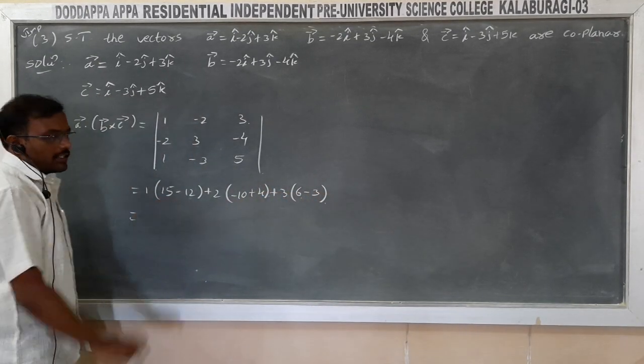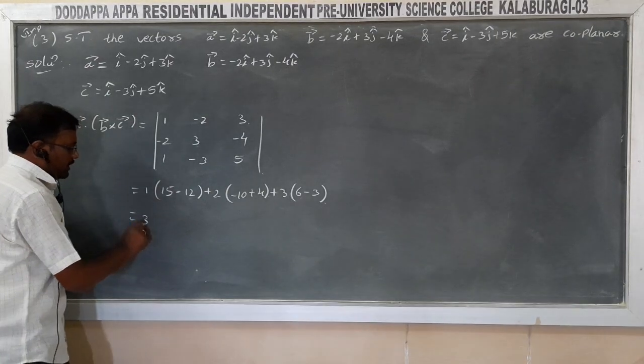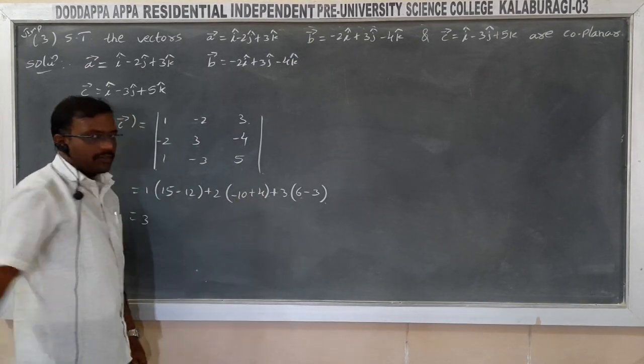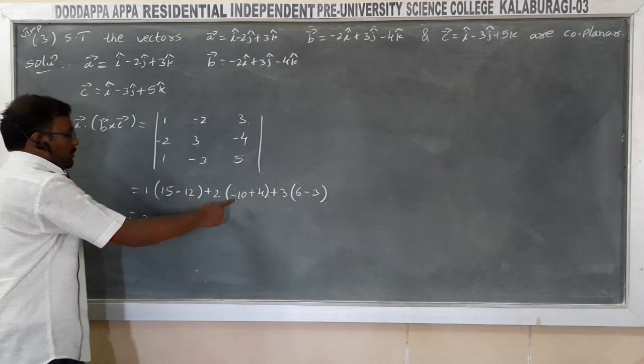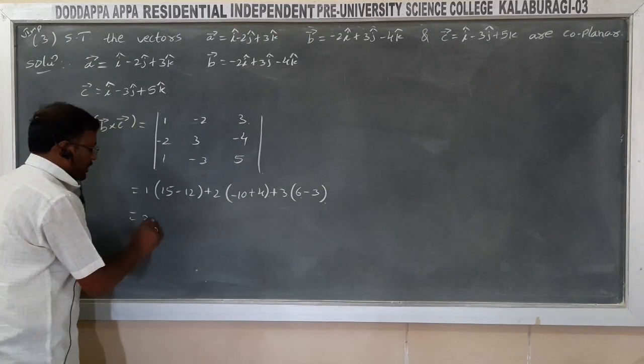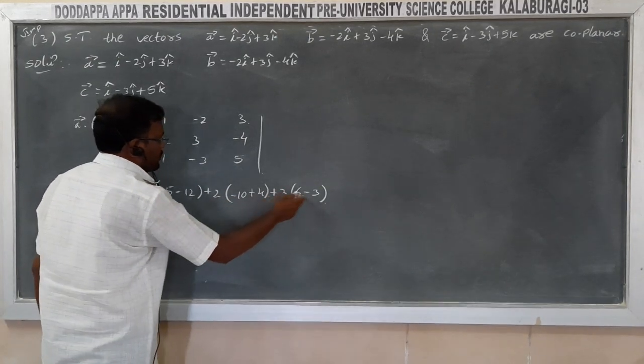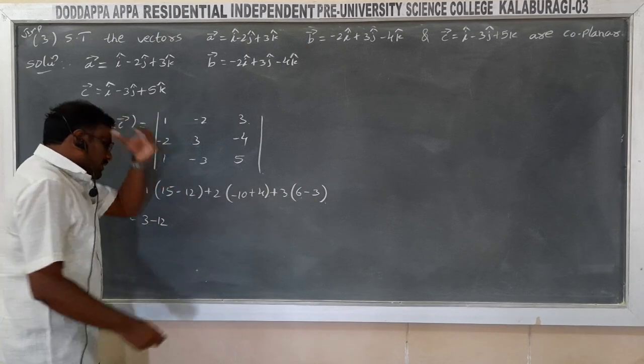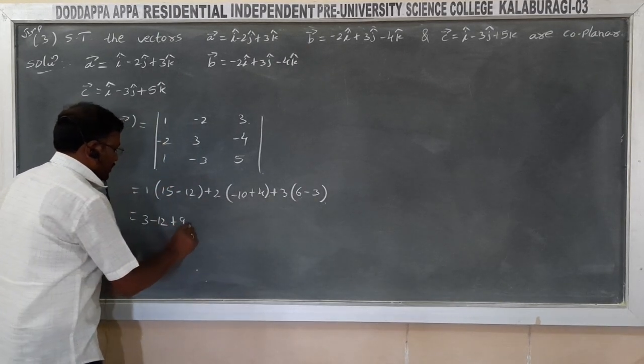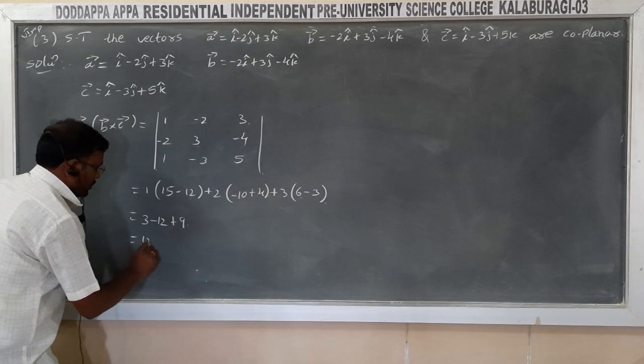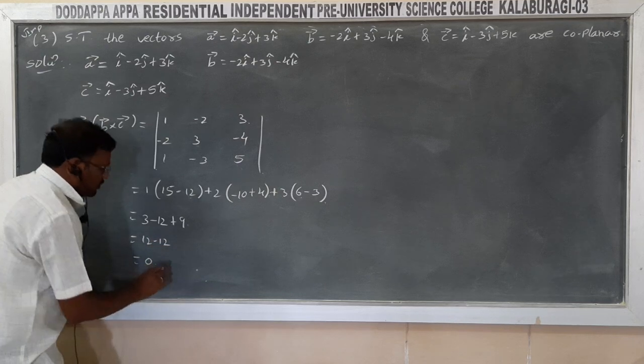So 15 minus 12 means 3, 3 into 1 is 3, minus 10 plus 4 is minus 6, minus 6 into 2 is minus 12. Here plus 3, 3 into 3 is 9. So 3 plus 9 is 12. So 12 minus 12 is equal to 0.